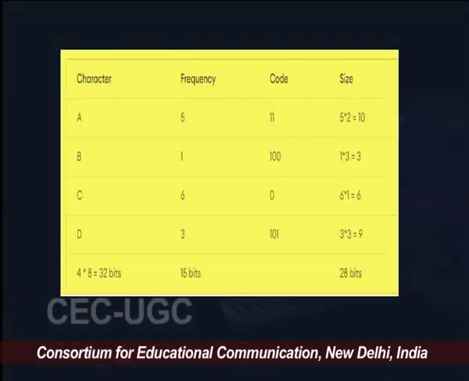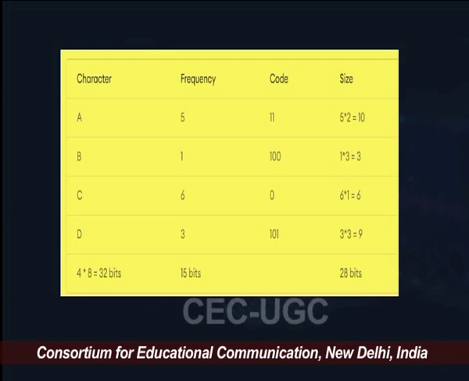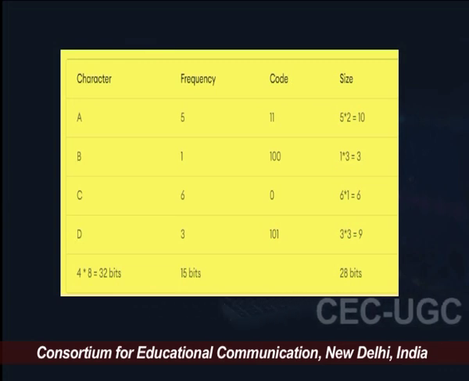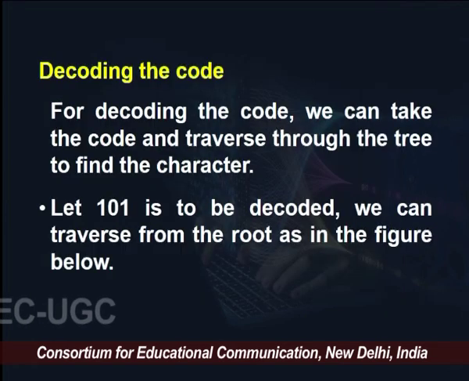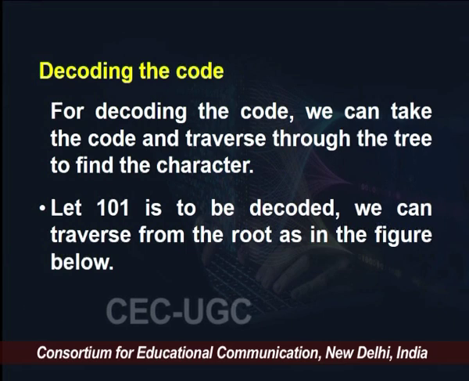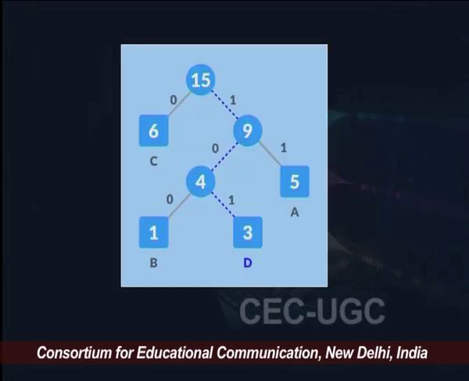So how are we going to do it? Let us say 101 is to be decoded. In this tree, 101 is the code for D. So if you need to decode 101, we can traverse from the root as we have shown in this figure.